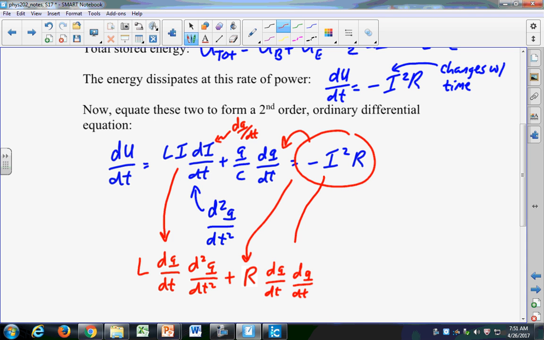That's the I squared right here. It's just dq/dt squared. I'm writing them out because one of these dq/dt's is going to cancel out. Plus 1 over C times q dq/dt.